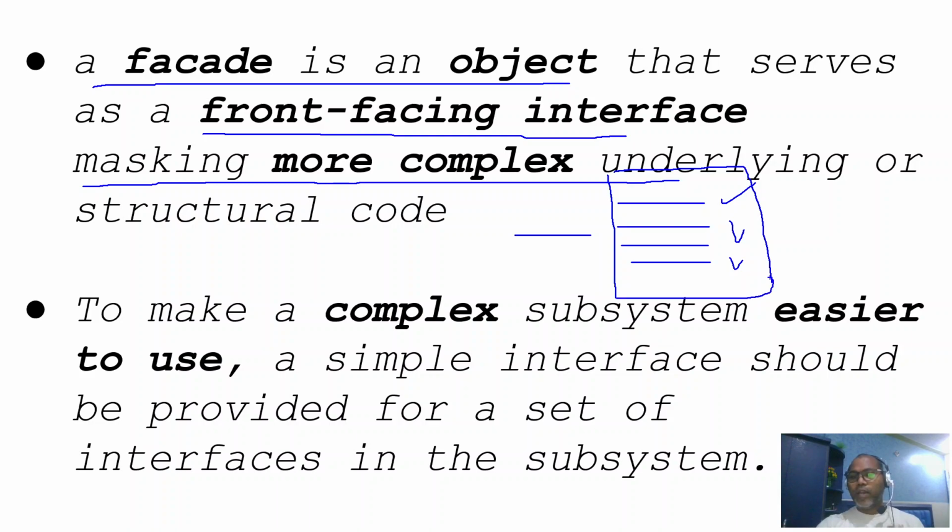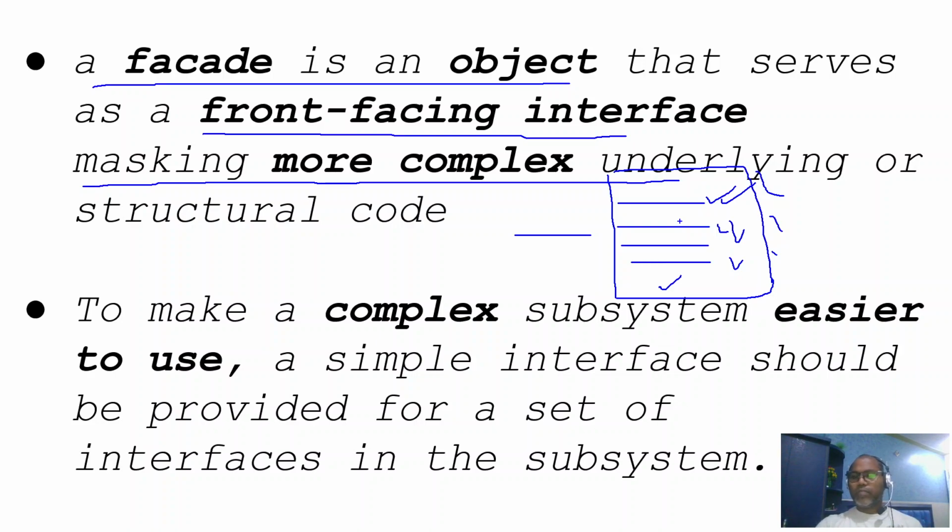So whenever anyone wants to access it, they have to do step 1 and step 2. Maybe we have to invoke API 1, API 2, API 3, and finally your product is done. So instead of multiple API calls and multiple setup statements, that can be made simple.